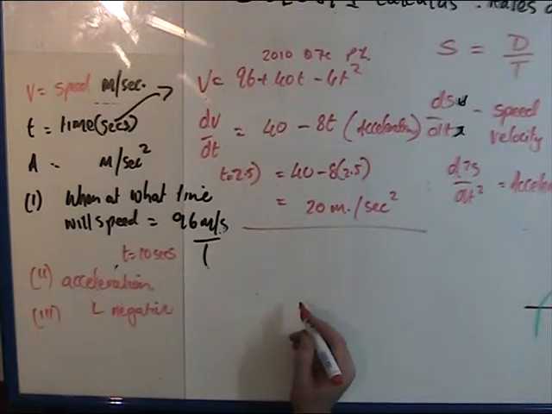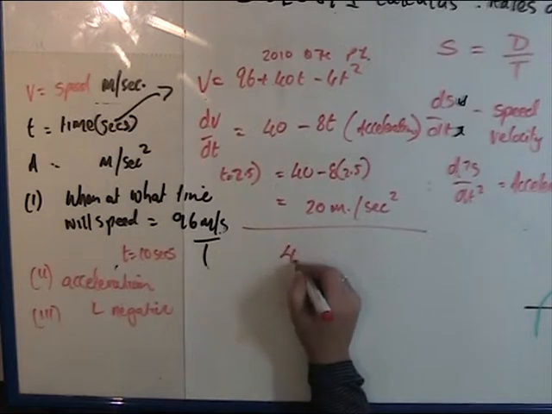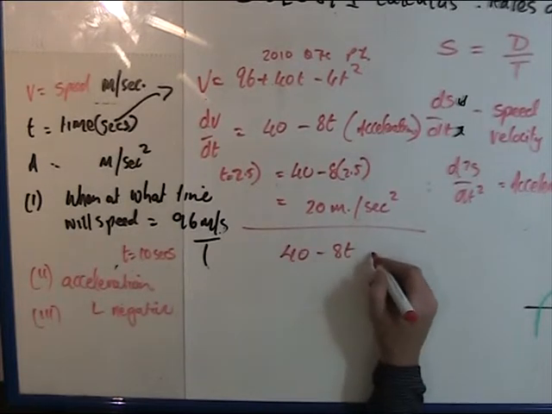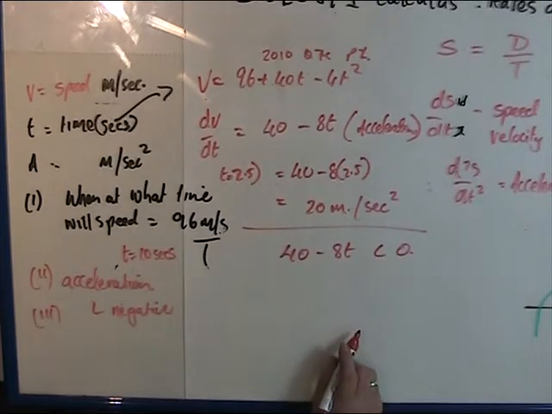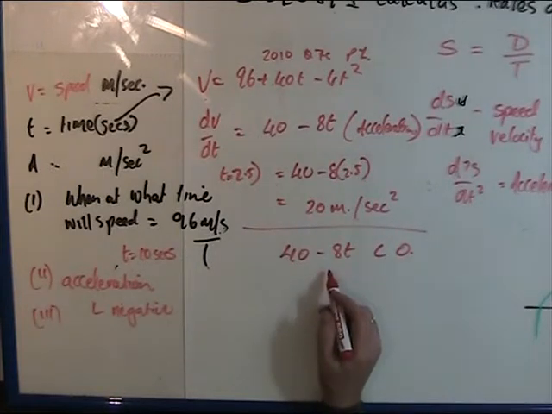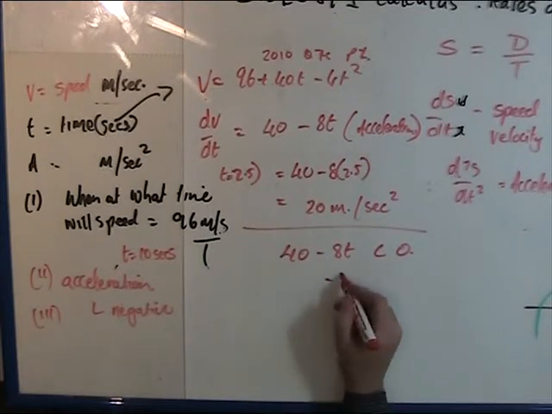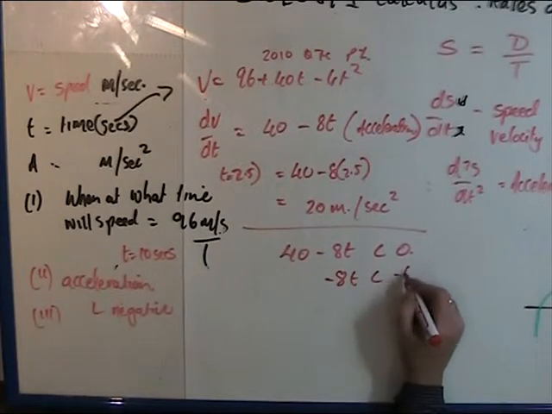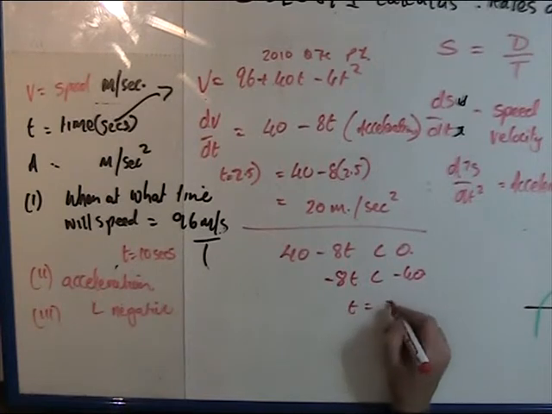We go back to our acceleration formula: it's negative when 40 minus 8t is less than 0. That means the slope is less than 0, so it's not going up, it's going down. Then you get to solve it: minus 8t is less than minus 40.